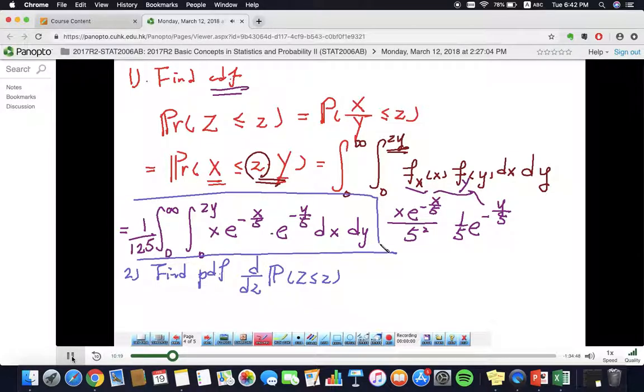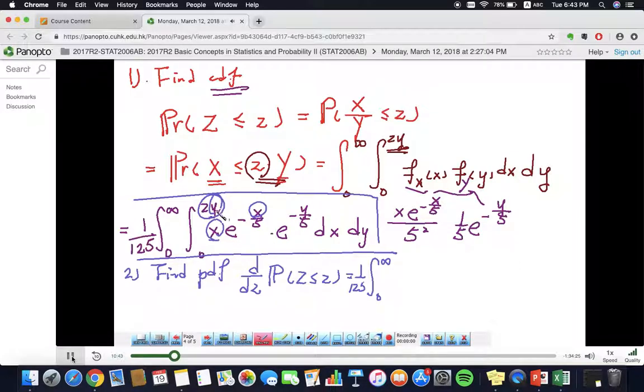Okay, so what did we get? We just keep everything unchanged for the first integral together with the constant at the front. And then we differentiate this, which is the same as plugging this upper term in place of x, and applying the chain rule as well.